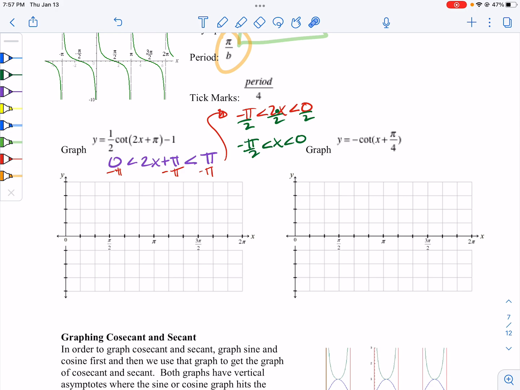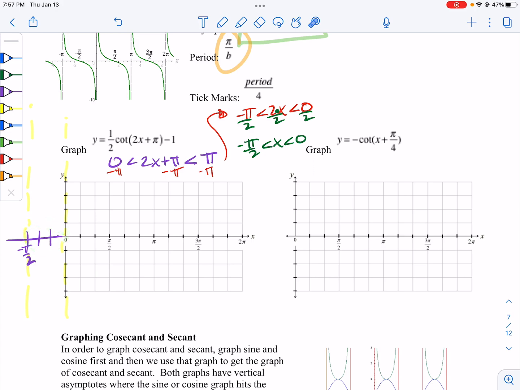So we're going to go over by pi halves. We've got 3 tick marks, and that's where my first asymptote is. Our furthest right asymptote that we care about is at 0. Again, I'm going to split this into 4 different sections.